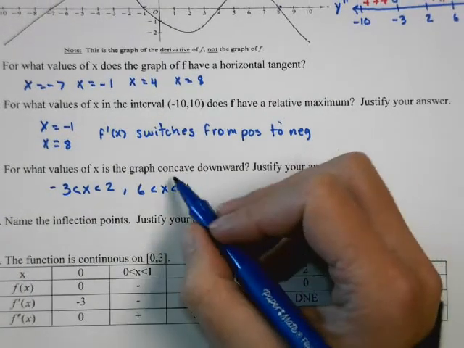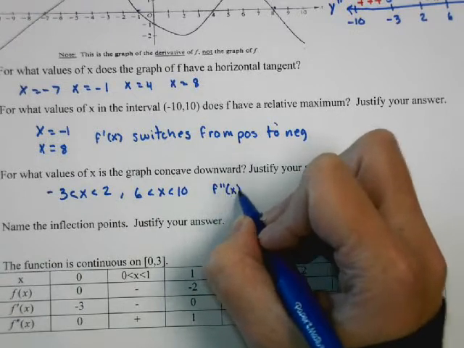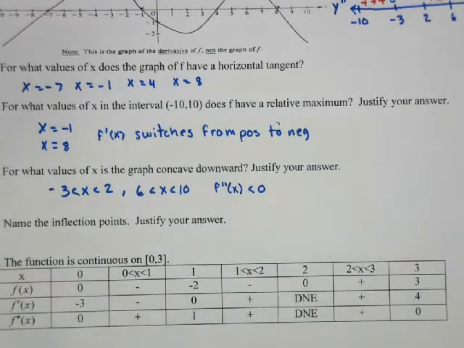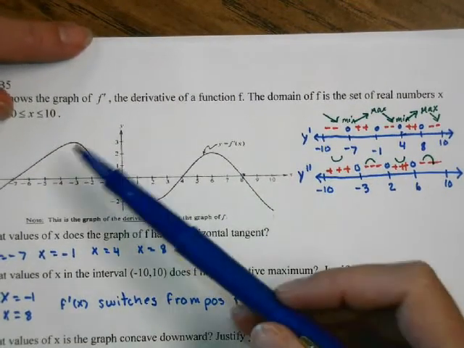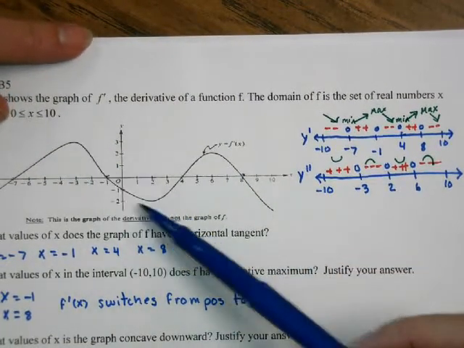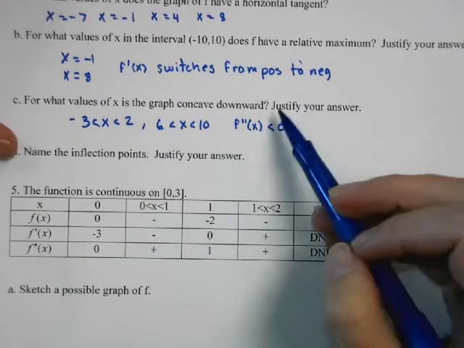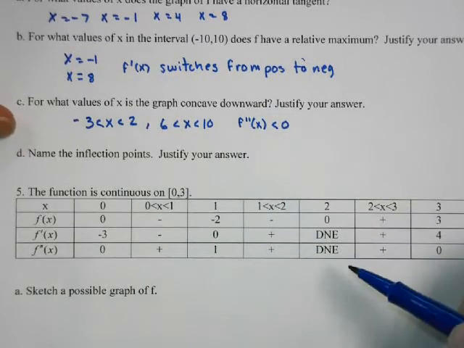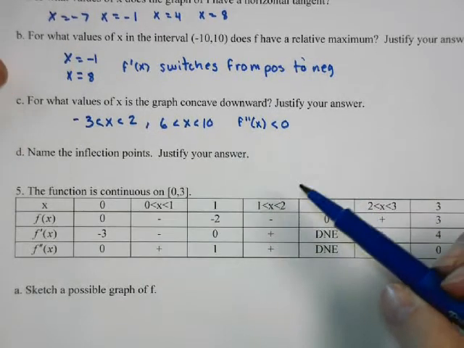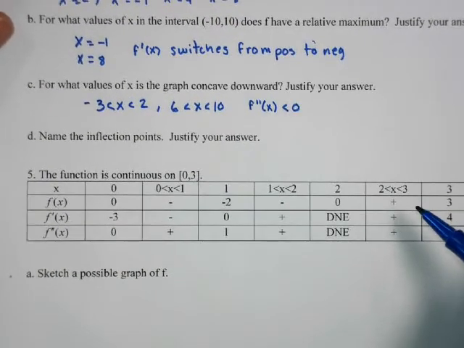Here's all I want you to say. How do we know things are concave downward? Because f double prime of x is less than 0. We got there from looking at where the first derivative was decreasing, and that's how we actually did it. But to justify it to College Board, all you want to say is because the second derivative is less than 0. Don't launch into an essay about how you arrived at that answer.